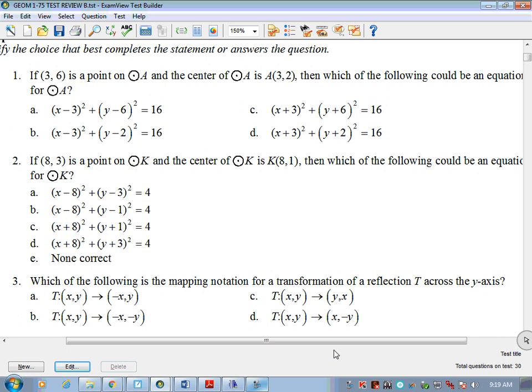All right, how many of you know what the equation of a circle formula is, just in its basic form? I just want the formula, just the basic formula with no numbers put into it.